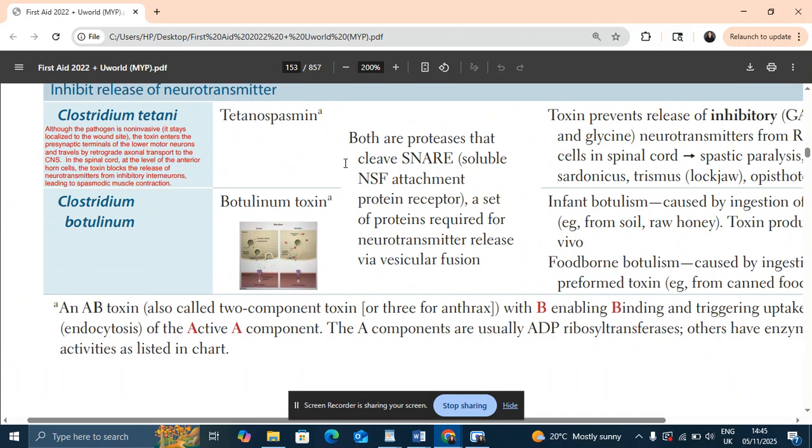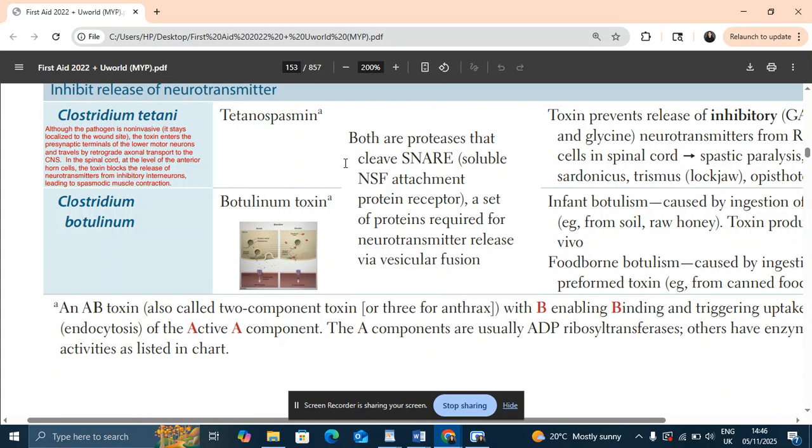Or if there is a case of an adult after eating canned food with diplopia, dysphagia, and descending paralysis, think about foodborne botulism or adult botulism. If there is a case after a dirty wound with lockjaw, spastic paralysis, spasm of the back muscles, risus sardonicus, think about tetanus.